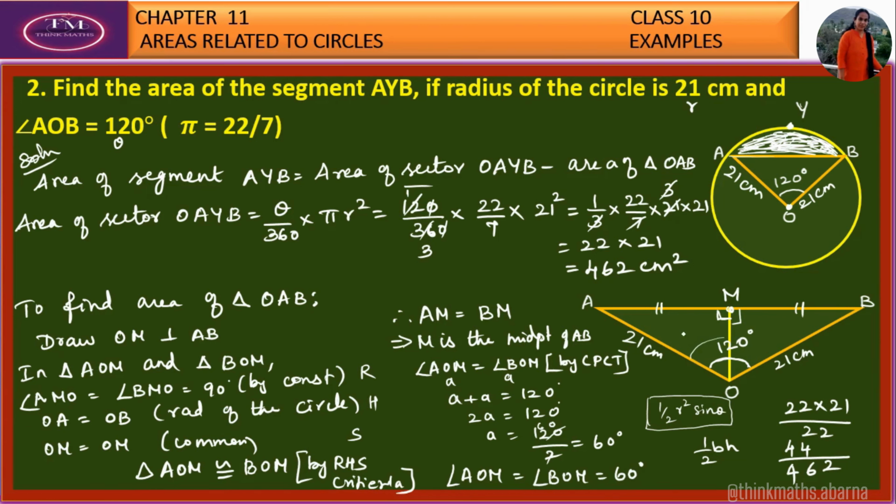So this angle is 60 degree and this angle is also 60. So far we got this data. Now we have to find out the value of OM, the perpendicular, that is the height of the triangle, and the base of the triangle, so that we can find out the area of the triangle using the formula half BH. So let us do that in the next page.